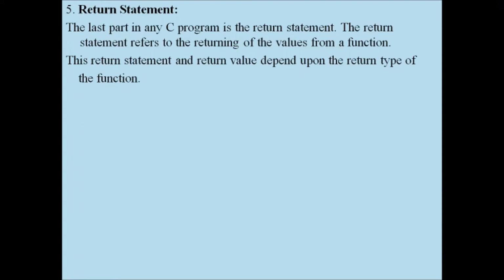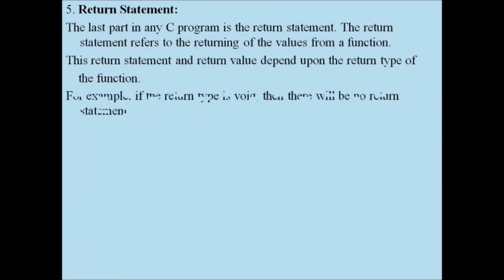You know that if the function is declared as void, it will not return any value. So that's why in case if the main is declared as void, then the program does not need the statement called return. Otherwise, other than void, whatever is given like int, float, char, likewise it will be compulsory a return statement. Okay, that is what given here as return statement.